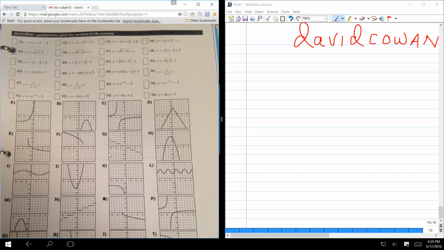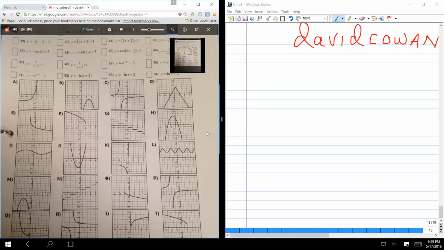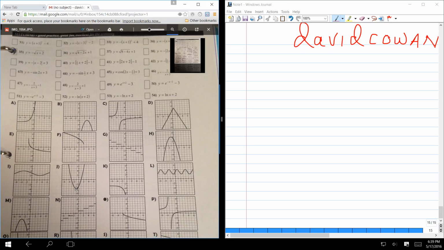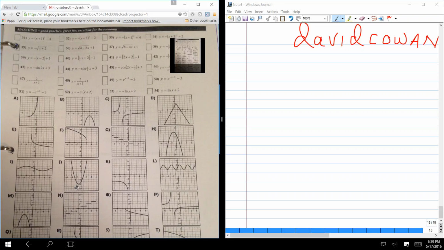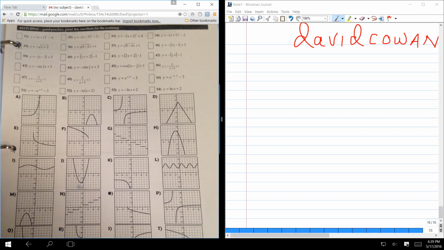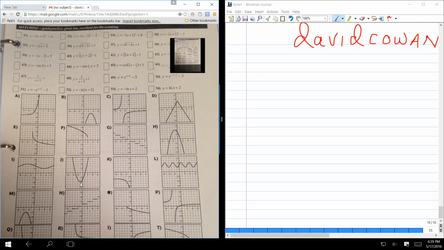Right. And the parabola faces up or down? The parabola faces up. Okay, so there's one right there, number J. Notice that the vertex is at -1, -4, and it faces up.